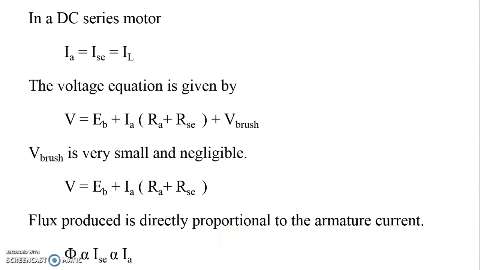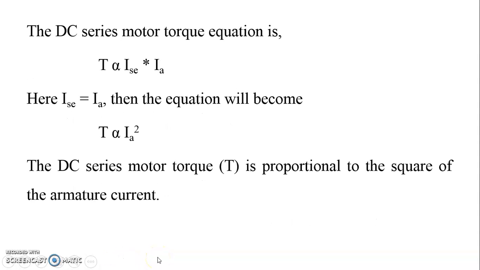In the DC series motor, the flux produced is directly proportional to the armature current, or series field winding current. That is, phi is directly proportional to Isc or Ia. So the torque equation of the DC series motor is T directly proportional to Isc into Ia.